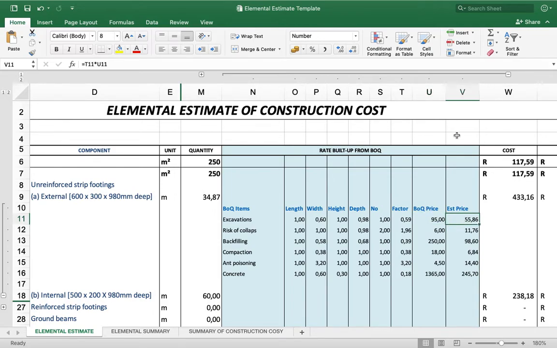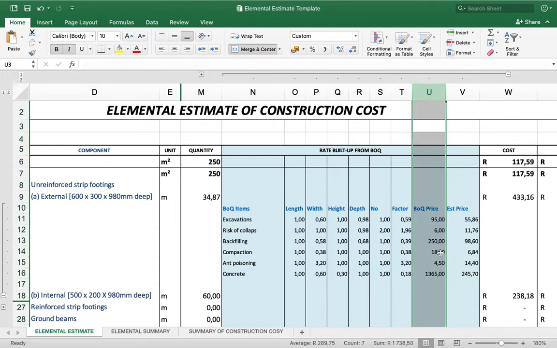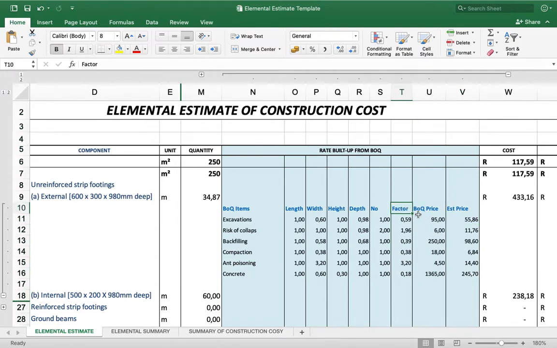You could either add that column between your first factor and your bill of quantities price, or your bill of quantities price and your estimate price. I would say it might make better sense to put it between your bill of quantities price and your estimate price.